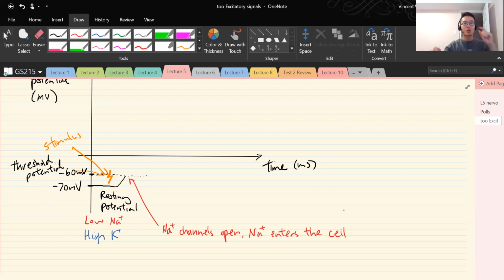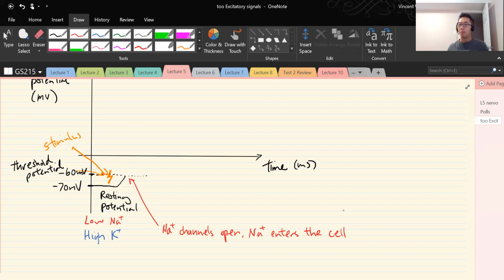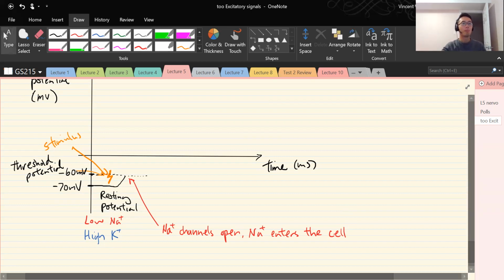Another $1 million question. As the sodium comes into the cell, what's going to happen to the membrane potential? Is it going to be more positive, stay the same, or become more negative? What do you think happens? Let's do a poll on that one, because the rest of you are very quiet.